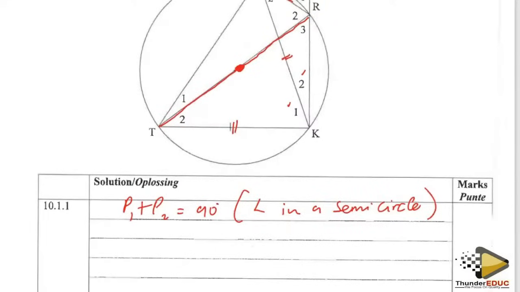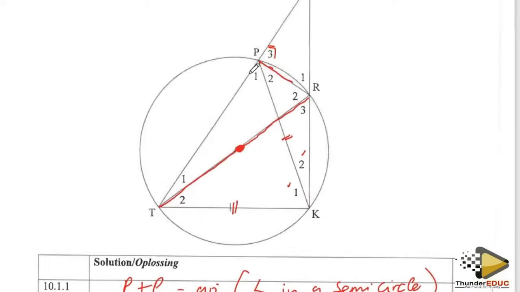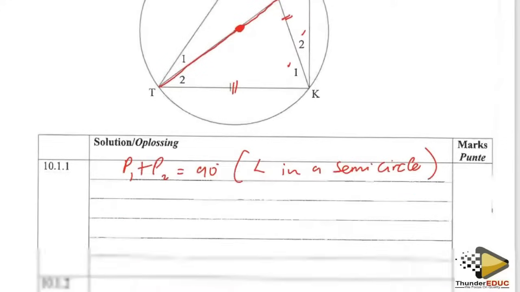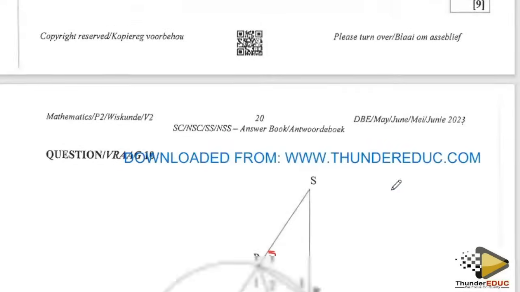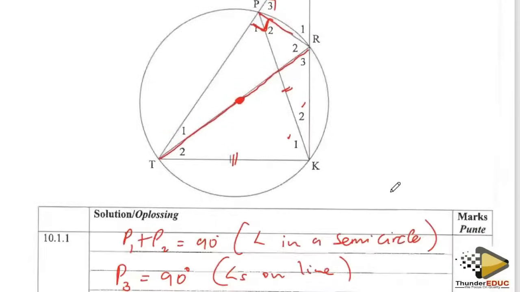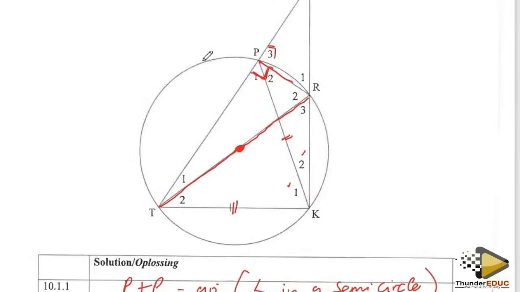So if that is a 90, which means that P3 is also going to be 90. This one is going to be angles on a straight line, and angles on a straight line must be supplementary. So that we have this 90 of P1 and P2 and this 90 of P3.